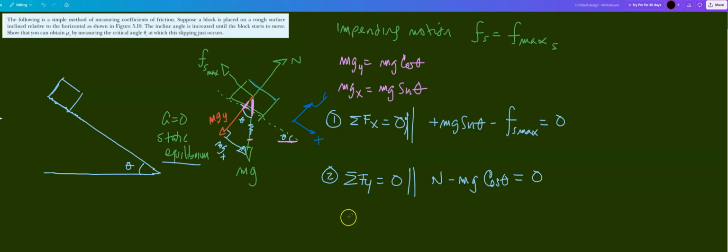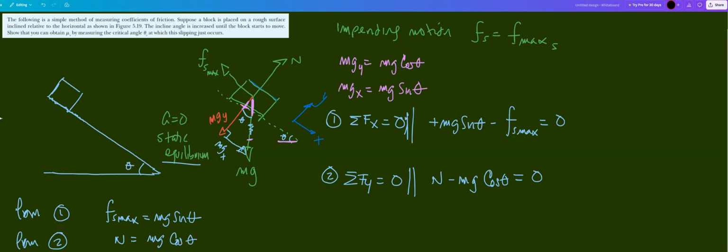Let's call this equation 2. From equation 1, we can write that the maximum friction is mg sine of theta. And from equation 2, we can write that the normal is mg cosine of theta.